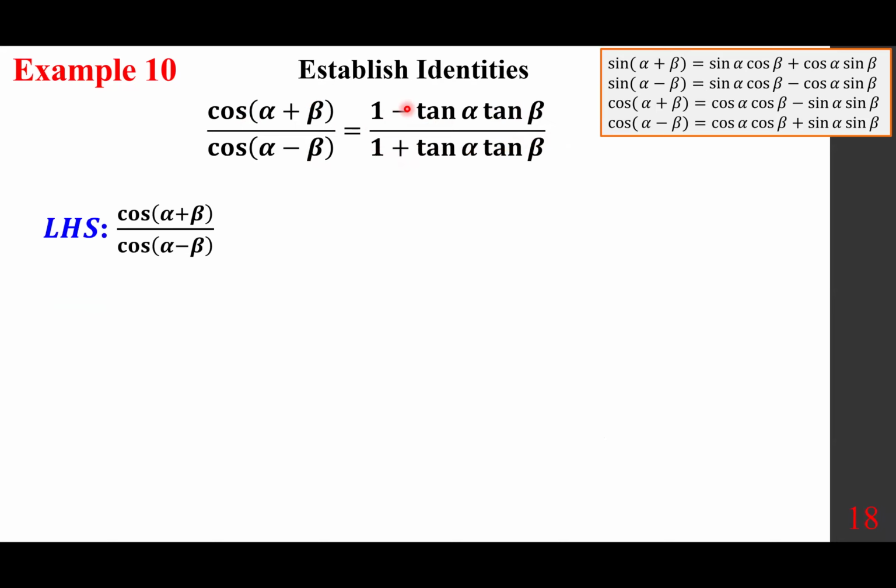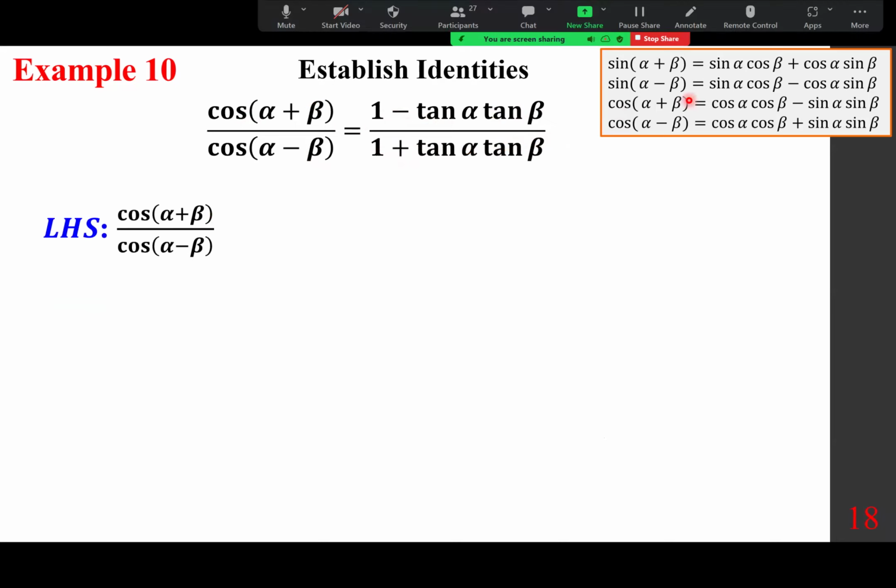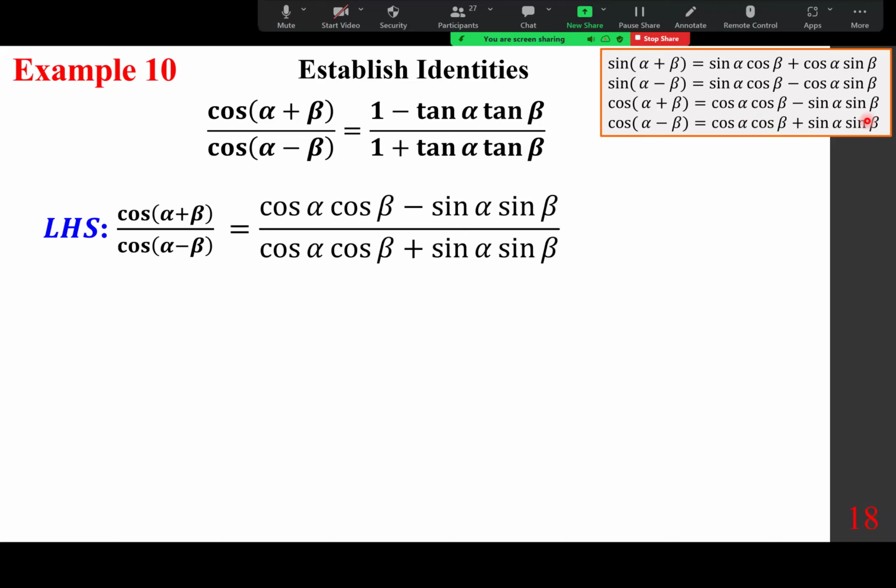Now you expand according to cosine of alpha plus beta and cosine of alpha minus beta. In other words, put this one at the top, this one at the bottom, right? Now go back to what you want to establish. You want to establish 1 here, so just divide everything by this piece.